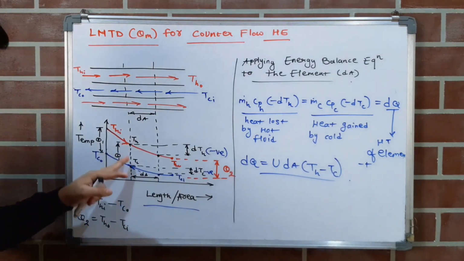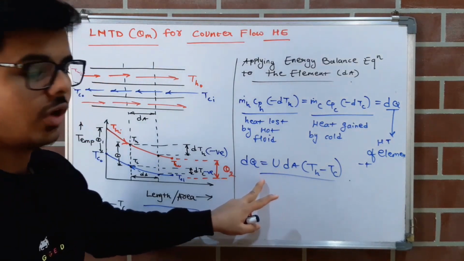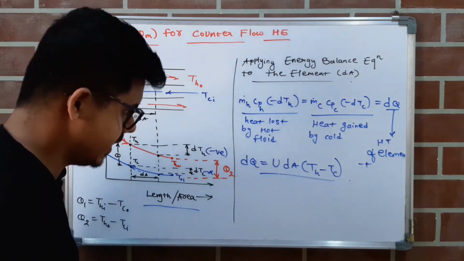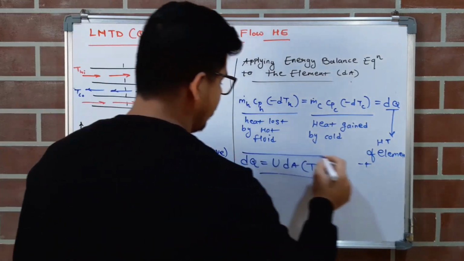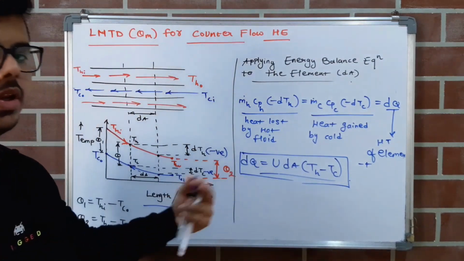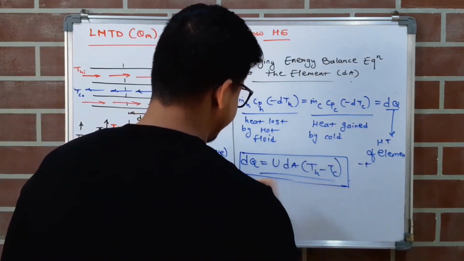So the heat transfer rate at the same instant, for the elementary area, is given by U dA into Th minus Tc, right? If you don't know the concept behind this formula, then I suggest that you see my previous videos related to heat exchangers, right?